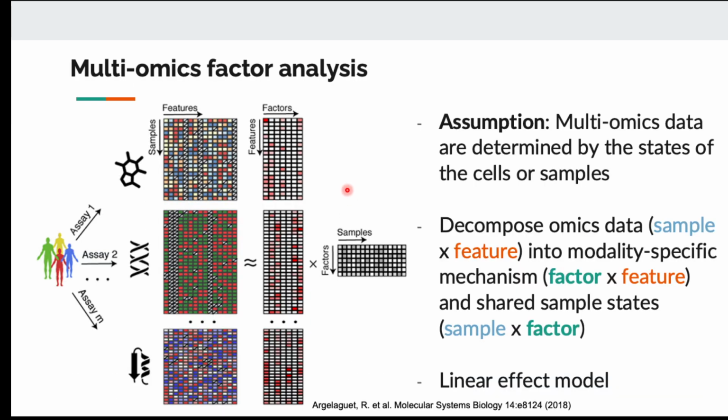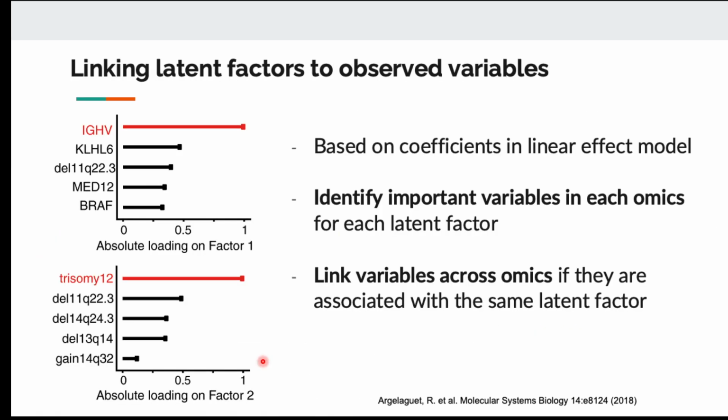But because we actually have a coefficient for every measurement, we actually know the association between each factor versus every gene expression, versus every mutation, versus every DNA methylation. So you can even go into further detail and ask which mutation on which gene is associated with factor 1.